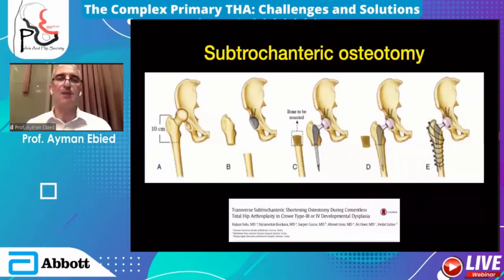The subtrochanteric osteotomy has been proposed by many authors. There is wide experience in the literature with the subtrochanteric osteotomy, 10 centimeters from the greater trochanter, performing the osteotomy and the shortening that is needed to relax the soft tissue and allow reduction of the hip and the balancing of the soft tissue, offloading this soft tissue tightness by taking part of the metaphyseal-diaphyseal junction out.